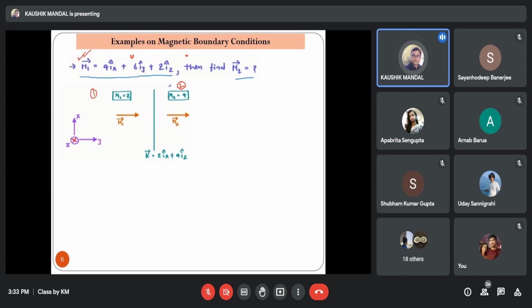This symbol indicates that the z-axis is out of the page, perpendicular to x and y. So on this interfacing surface, x is parallel and z is perpendicular. First of all, you have to determine the direction of the normal component and the direction of the tangential component.